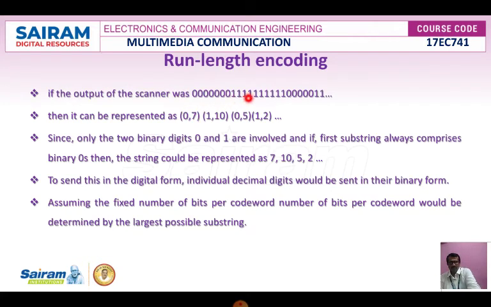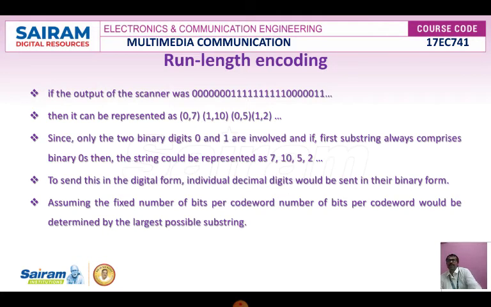How many ones? 10 ones are present. Again, how many zeros? 5 zeros are present. How many ones? 2 ones are present. So this can be represented as 0, 7 indicating 7 zeros, 1, 10 indicating 10 ones, 0, 5 indicating 5 zeros, and 1, 2 indicating 2 ones.